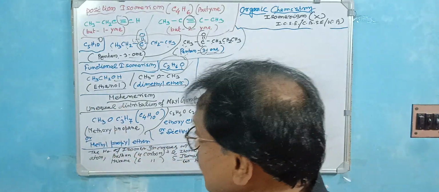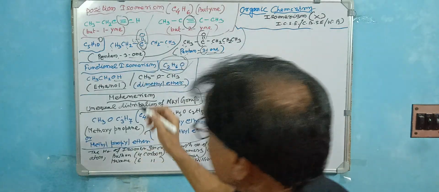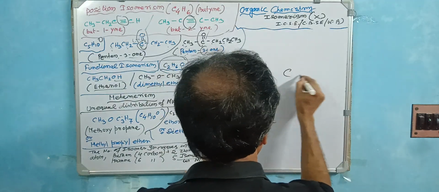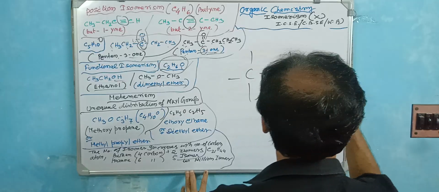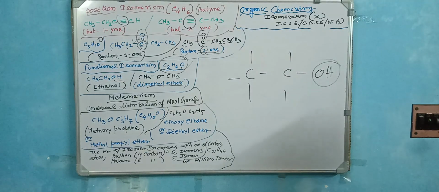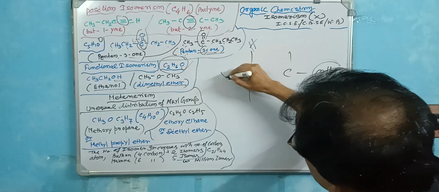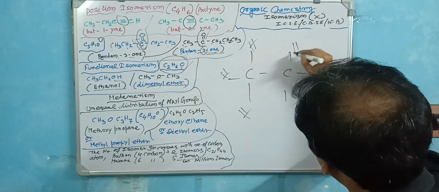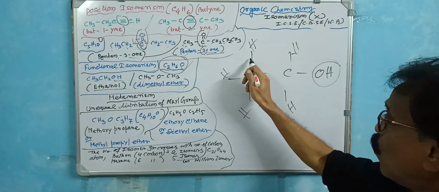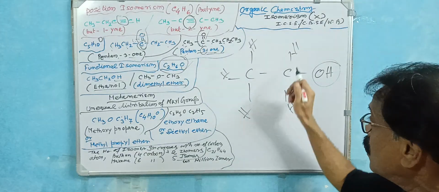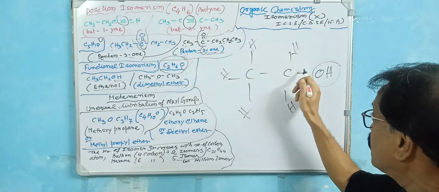Here is CH3, CH2, and the functional group OH. This is hydrogen, this is hydrogen. Carbon always has 4 bonds, so always check carbon 1, 2, 3, 4, single bonds.